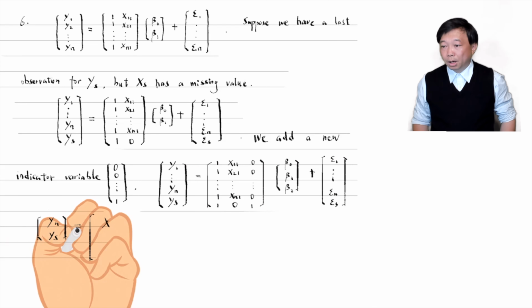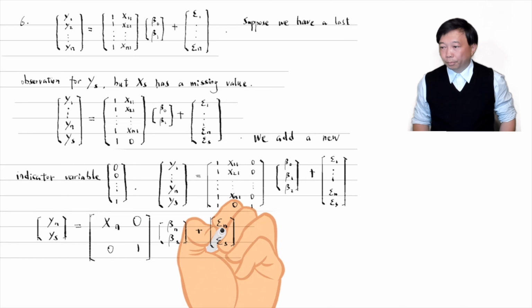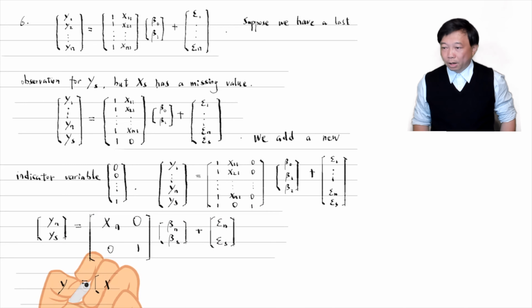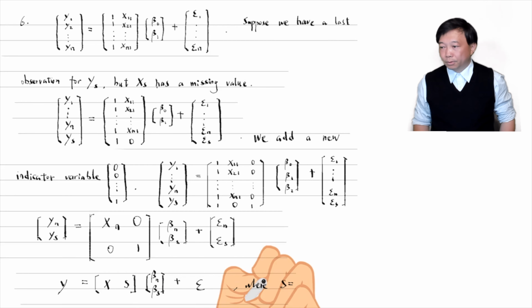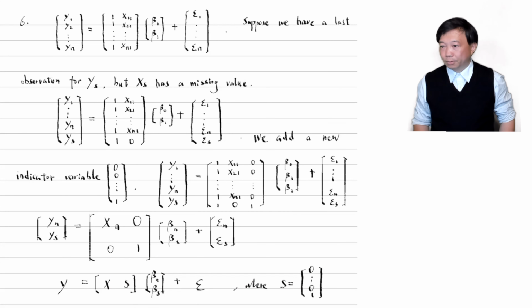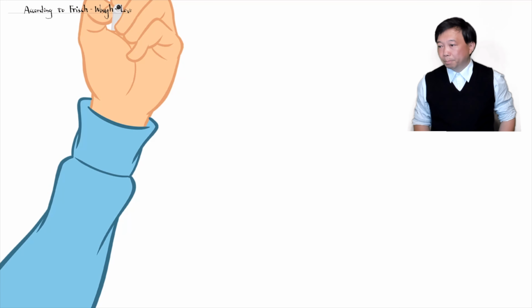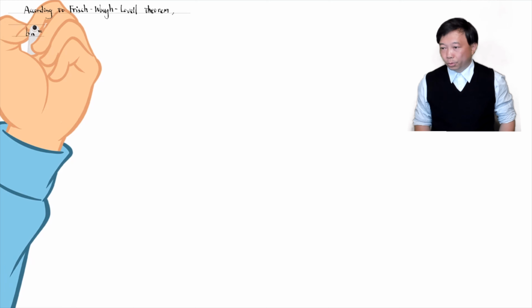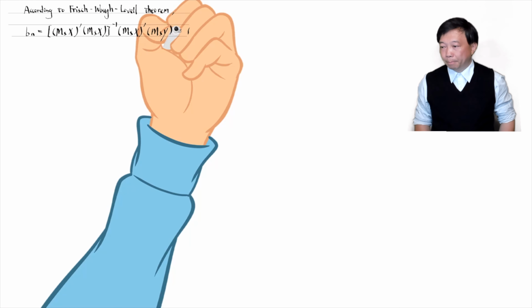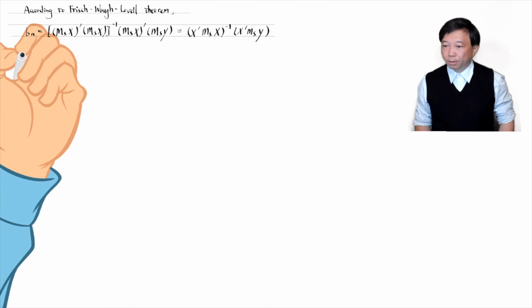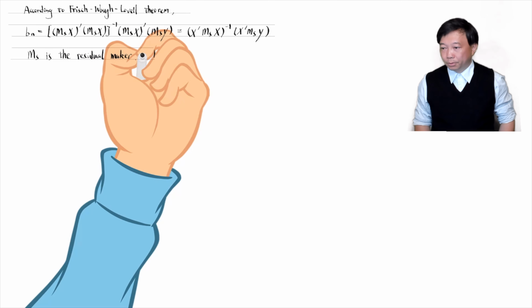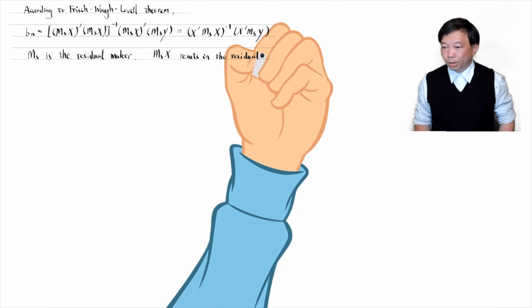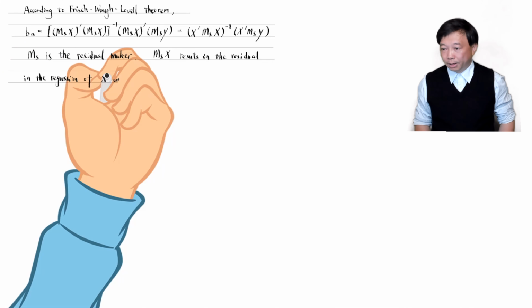Then we partition the model. The idea is that the explanatory variables are divided into 2 sets, x and s. According to the Frisch-Waugh-Lovell theorem, the partial regression coefficient estimate Bn can be expressed using the residual maker matrix Ms. When x is pre-multiplied by Ms, it results in the residuals in the regression of x on s.